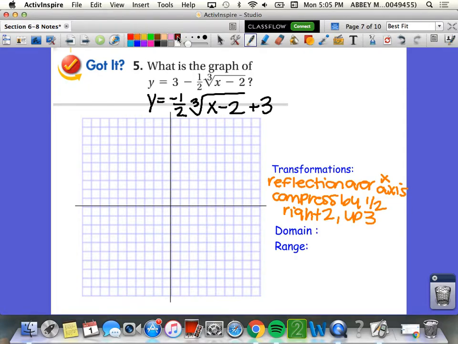Domain and range, that never changes for these cube root functions. They are both all real numbers. All right, so I'm going to come over here and make my list of values. And remember that h and k, that's the middle cluster point. So your middle cluster point is going to be at 2, 3.